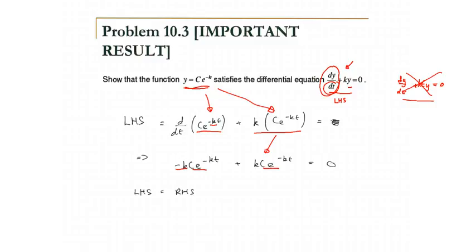So the left hand side equals 0, the right hand side we know equals 0, so that expression will satisfy that differential equation. So again, we're happy that we could propose that that is a possible solution to that differential equation.